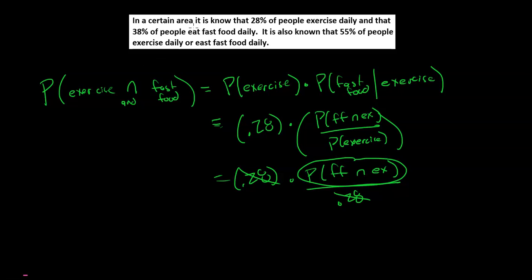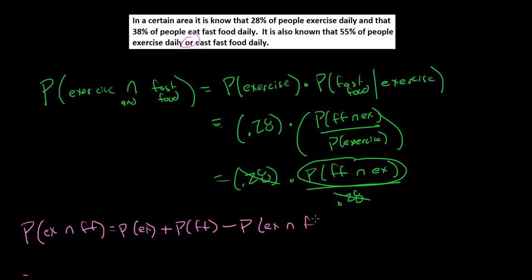Well, like I just got done saying, anytime you are given or asked to find an OR probability, you're going to need to use it. So the probability that somebody exercises, I'll put EX, or has fast food equals the probability that you exercise plus the probability that you eat fast food minus the probability that you exercise and eat fast food.